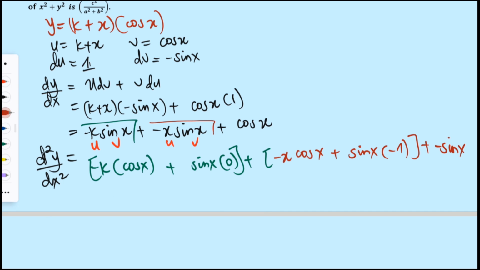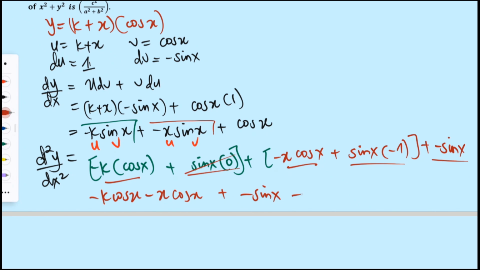I'm going to bring the terms with cos together. So this right here and this right here. That makes negative k cos of x minus x cos of x plus, well, this boils down to a 0, so it cancels out. And then we have negative sine x over here, negative sine x, and another negative sine of x.